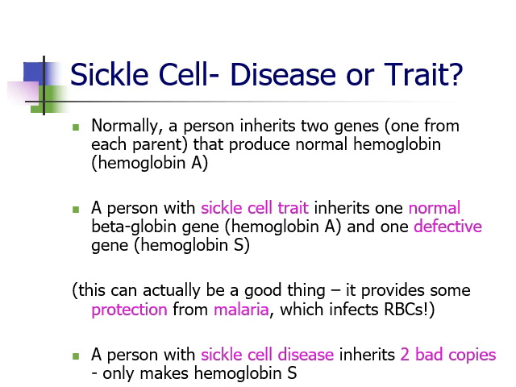A person with sickle cell trait inherits one normal hemoglobin gene and then one defective hemoglobin gene. This can actually be a good thing though, because this person would only have maybe a couple sickle cells since it's a recessive disorder, but it might provide some protection from malaria, which infects red blood cells.